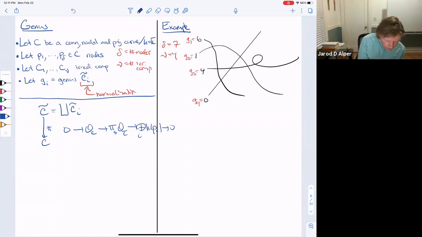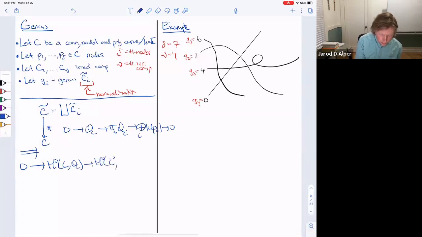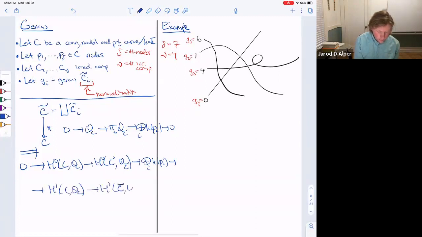And therefore, just taking the standard long exact sequence, you get the following long exact sequence: H0 of C, O_C, I'll just write it out. Then there's no H1 in the final term because it's a sheaf with dimension 0 support.